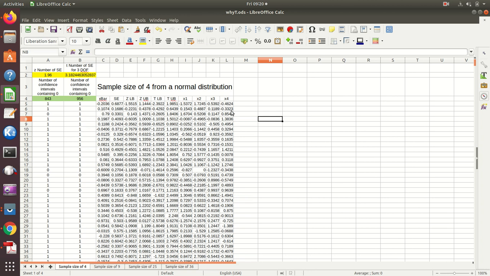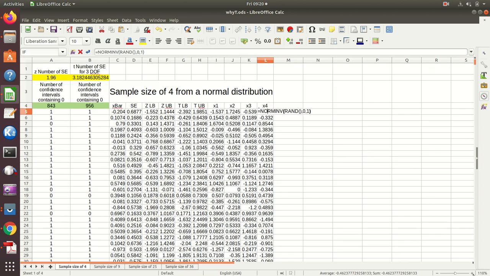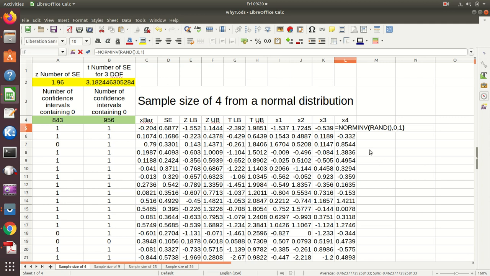For that normal distribution, I'll double click here. This is a little small probably on your screen, so we can make this bigger. You see I did a normal inverse. I took a random number, and this 0, 1 says I'm sampling from a standard normal distribution.